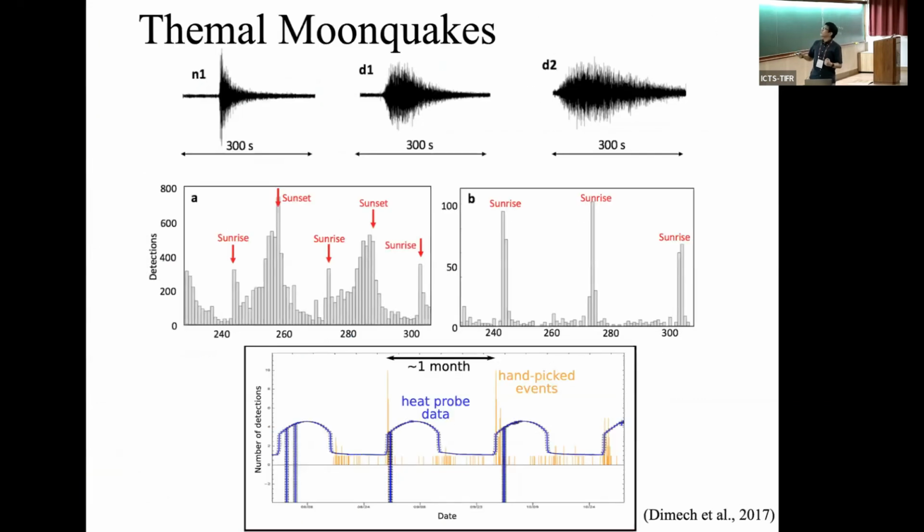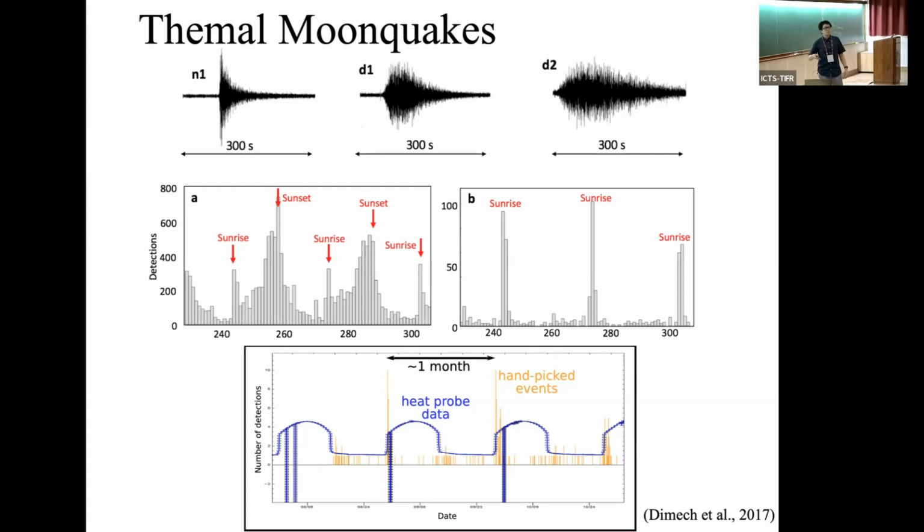Yes, and I also want to point out one event that is not necessarily a center of discussion in seismology, called thermal moonquakes. This is a crack of the surface rock due to temperature variation. Here is the detection, and you also have the arrows at sunset and sunrise.